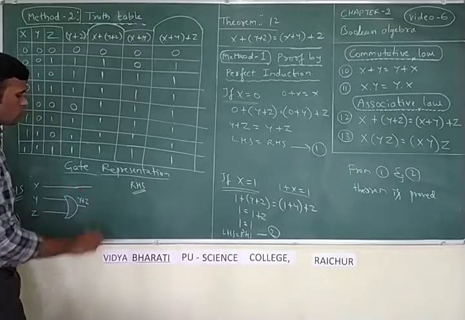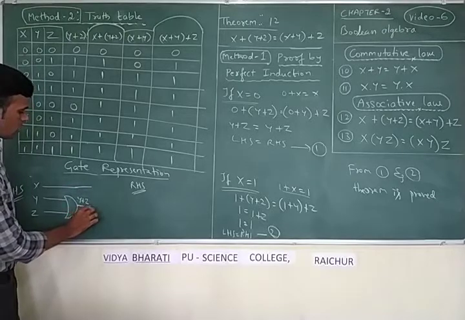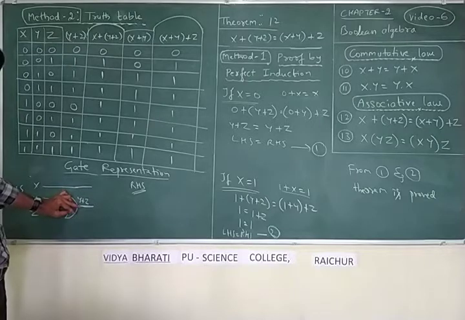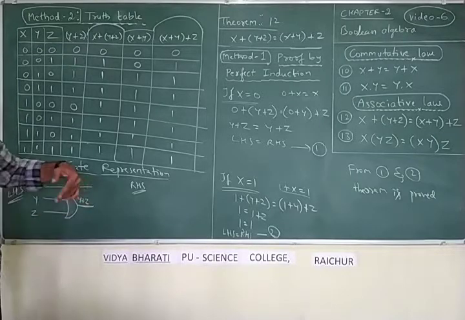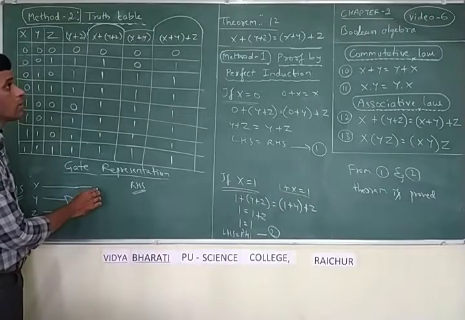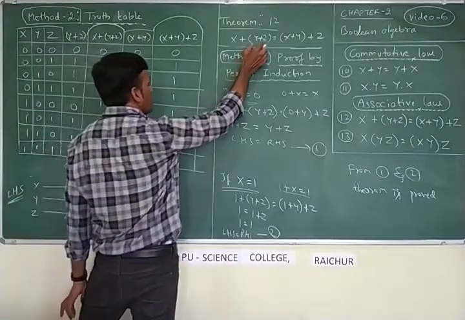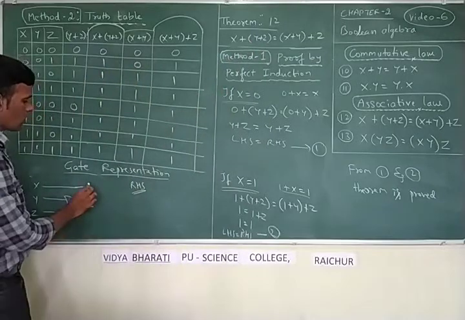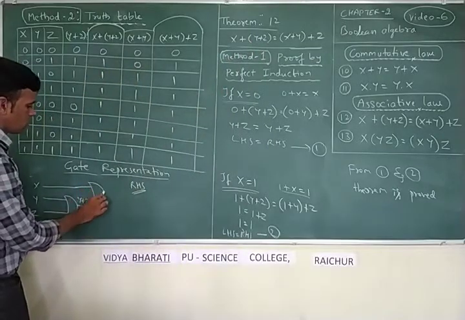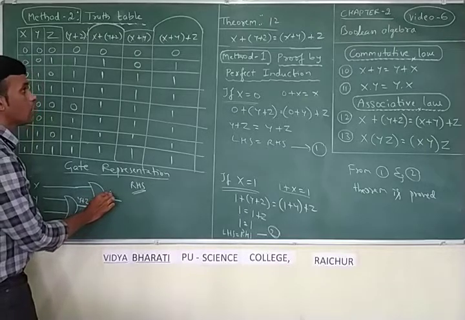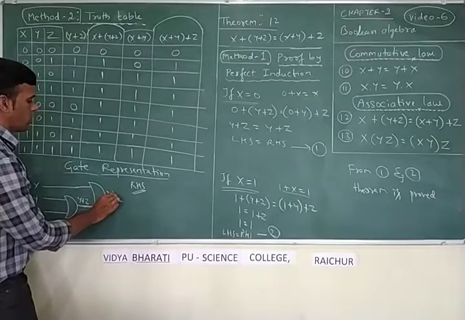What we are doing is taking the output of this gate as an input for the further expression. This y plus z result is ORed with x. Now this is going to be the final expression, x plus (y plus z).